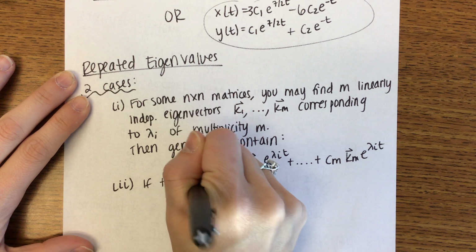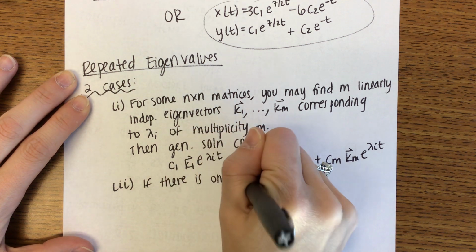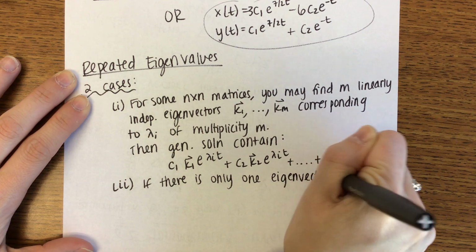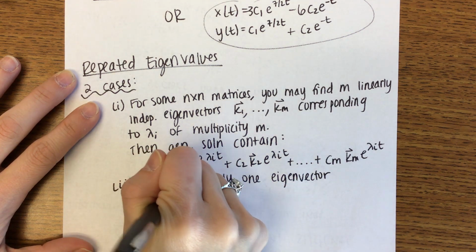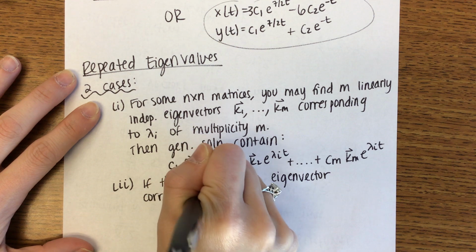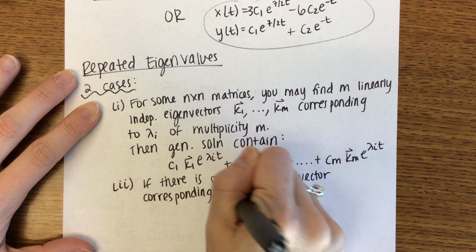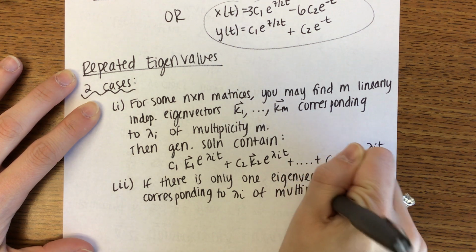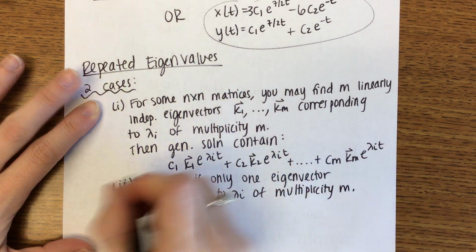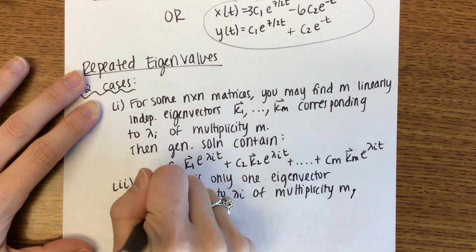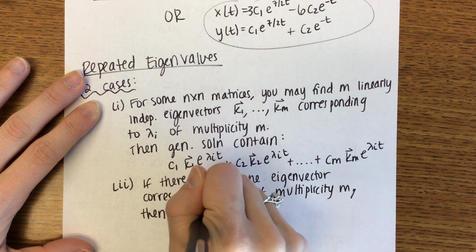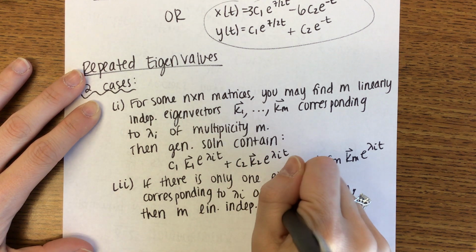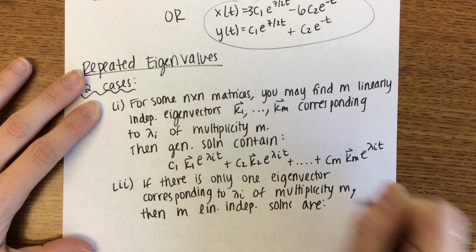If there is only one eigenvector corresponding to lambda I of multiplicity m, then the m linearly independent solutions are the following.